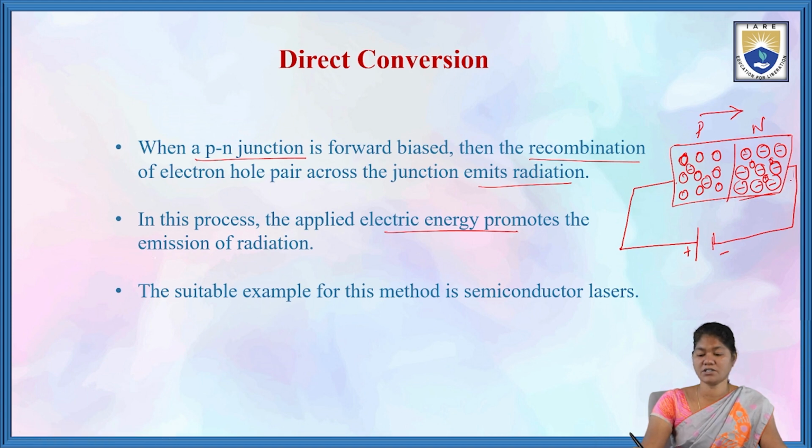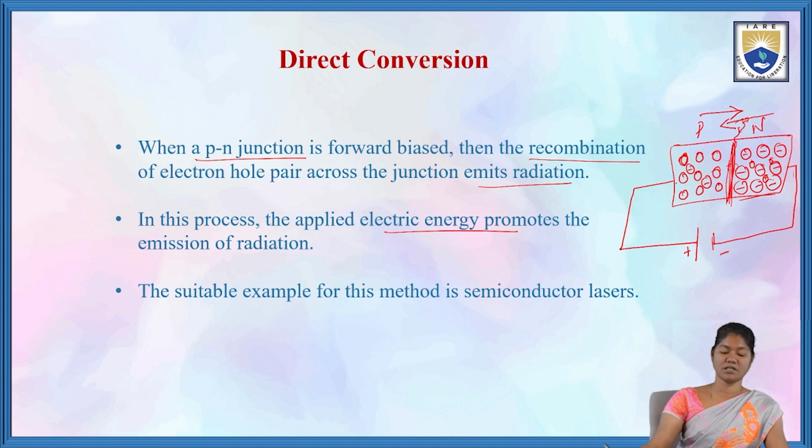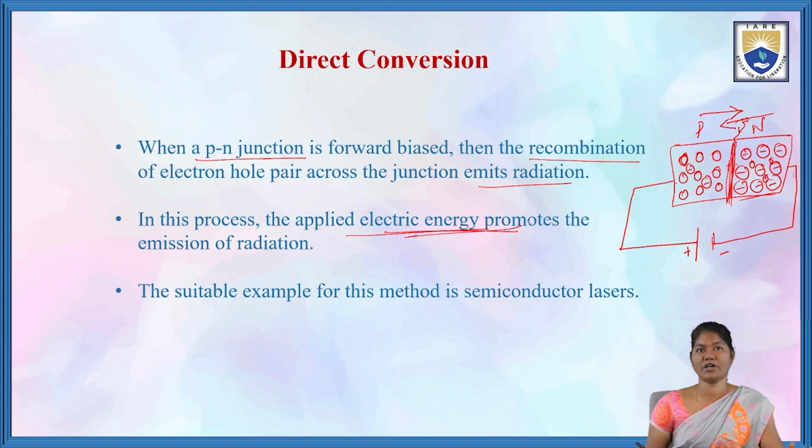In the same way, N type majority charge carriers, or electrons, are repelled by the battery's negative charge, so they move towards the P type. So they get recombined here. Electron-hole pairs recombine at this junction and emit some radiation. In this process, the applied electric energy promotes the emission of radiation.